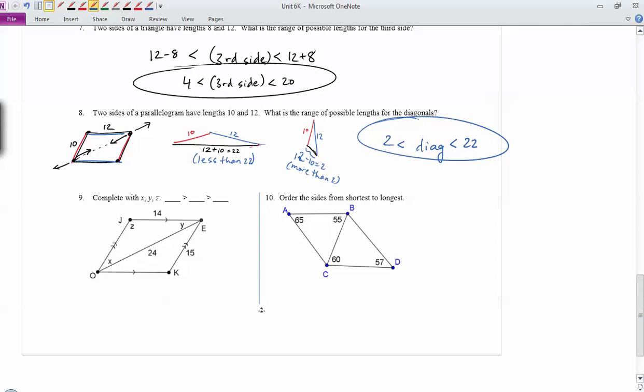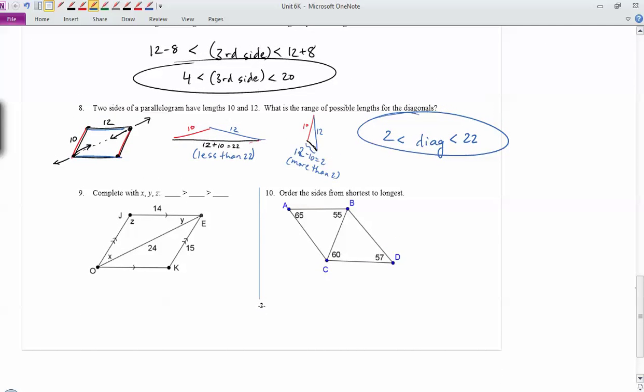All right, so we have two last problems here. One is comparing angles and the other is comparing sides. Let's fill in what we have here first. If you notice, this is parallel to this and this is parallel to that. So we've got a parallelogram here. That means that this side, JO, is going to be 15 because this side was 15.